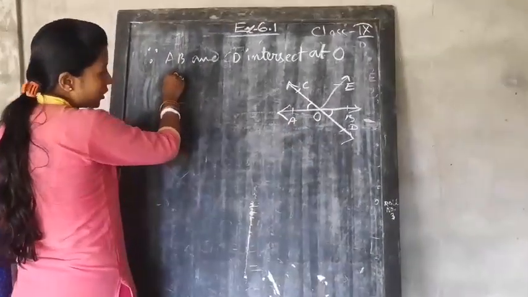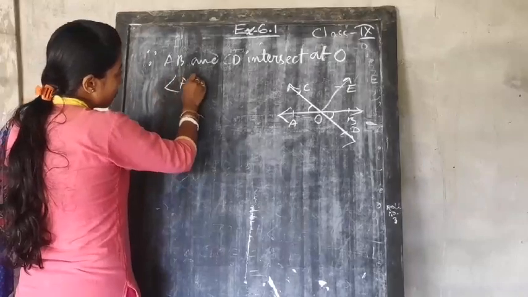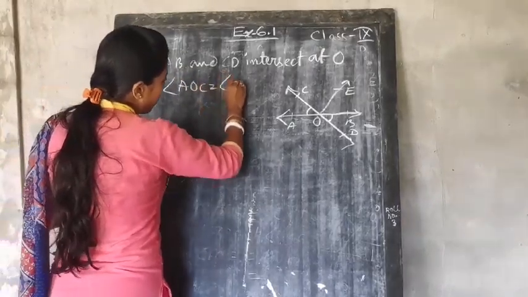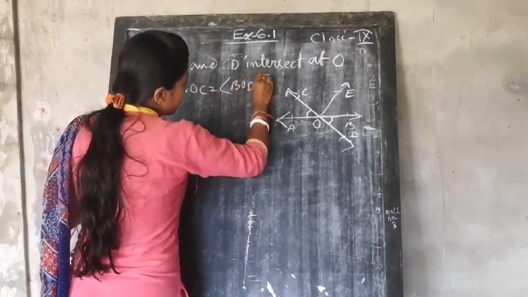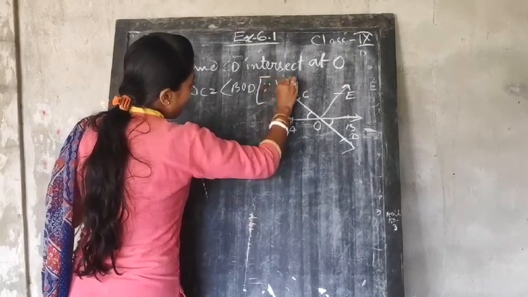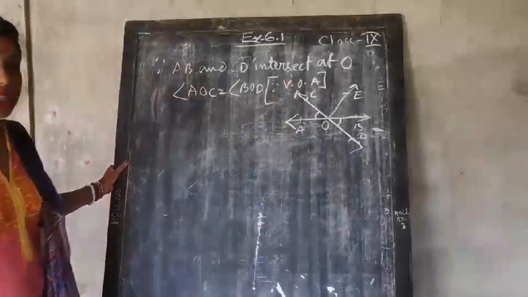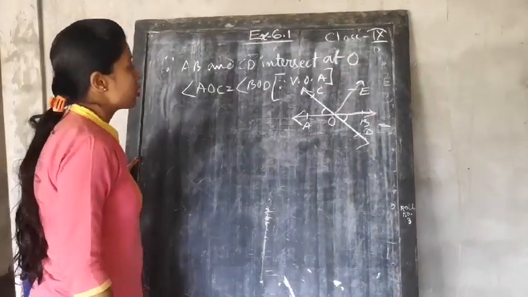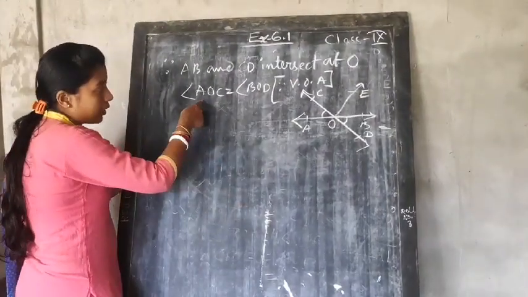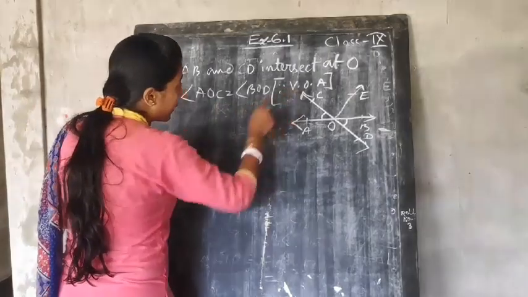So you will write angle AOC equals angle BOD, since vertically opposite angles. That day I told you about vertically opposite angles also. So angle AOC equals angle BOD, vertically opposite angles.